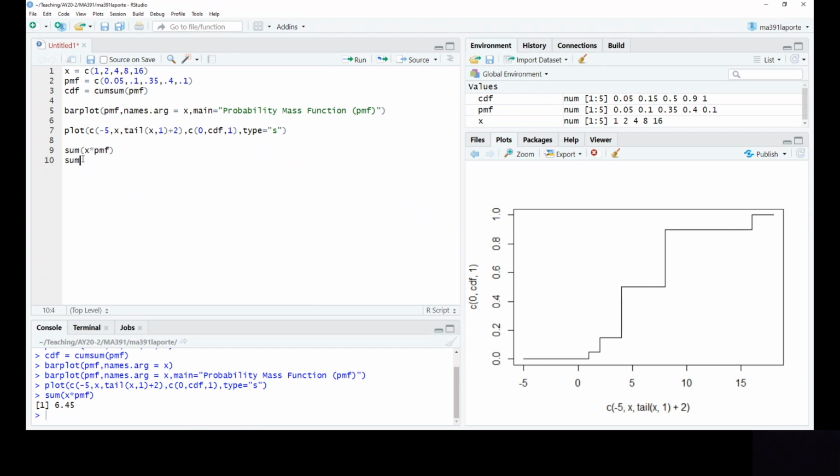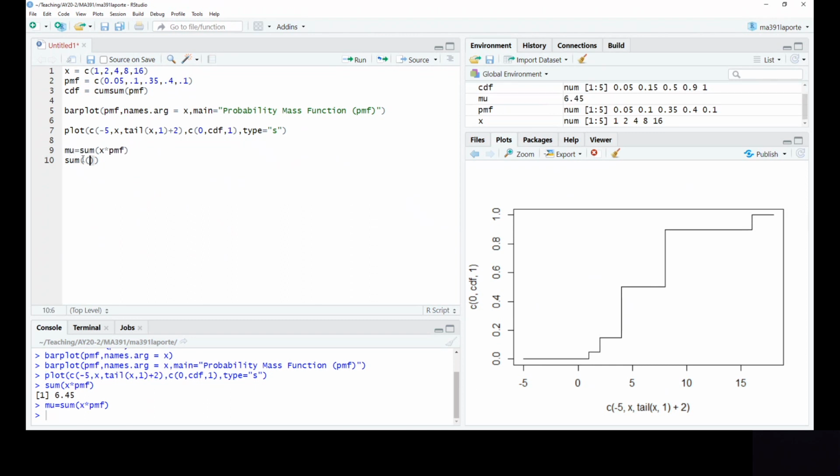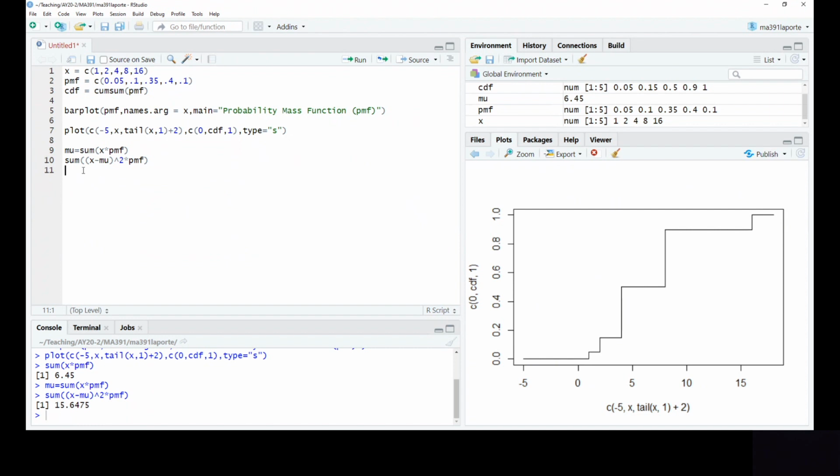And then if I was going to get the variance, I would say sum of X minus mu, giving us what we think.